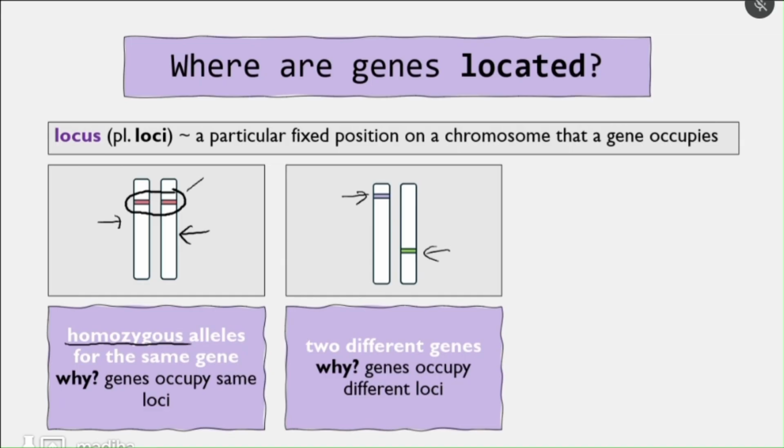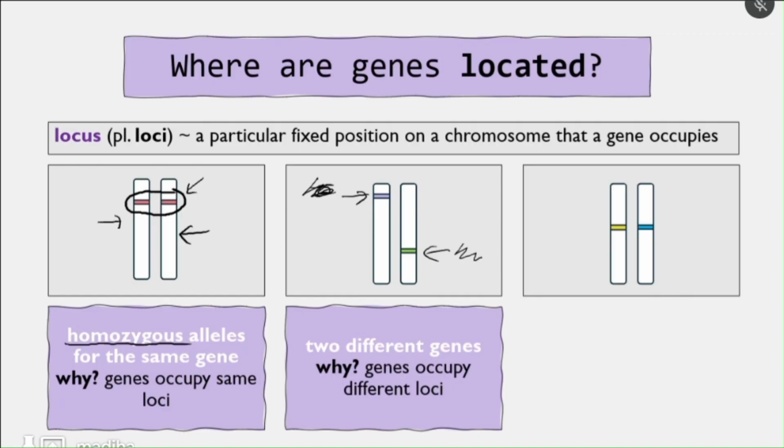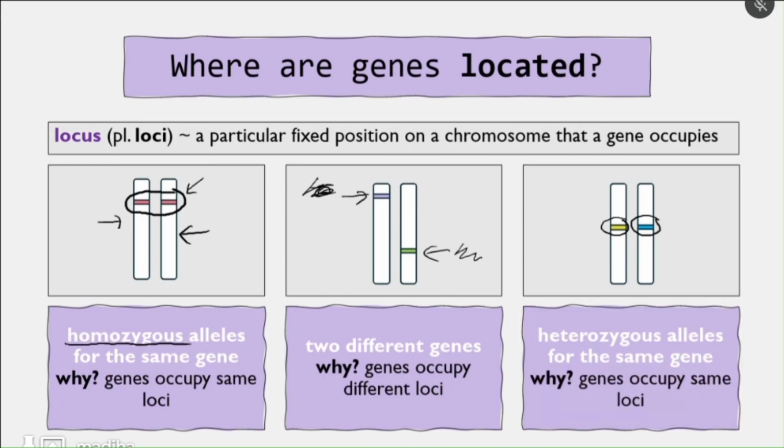If you go back to hair colour, this gene could be coding for black hair. This one would be coding for blue eyes. They're two completely different genes. And then we've got, again, two genes occupying the same loci, so you know it's the same gene. However, they're going to be different alleles because they're two different colours. So they're heterozygous alleles.